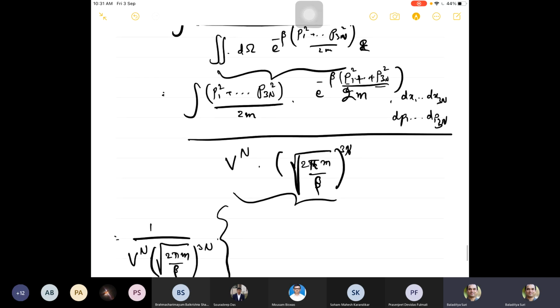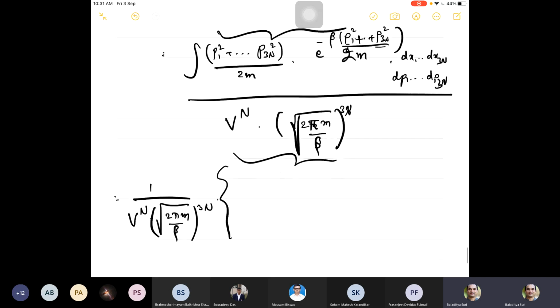And in these flower brackets here, I will have an integral. I can take the 1 by 2m out because this factor comes out.